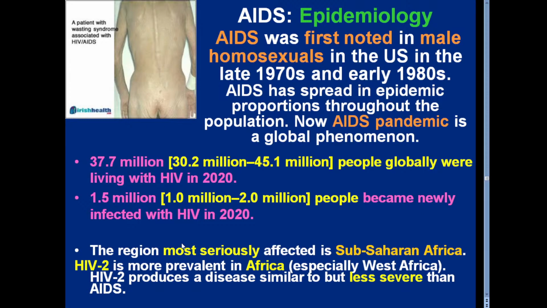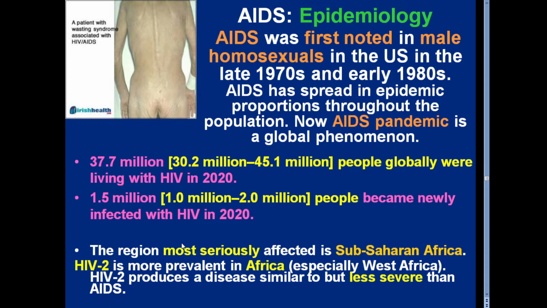AIDS was first known in male homosexuals in the US in the late 1970s and early 1980s. AIDS has spread in epidemic proportions through the population. Now the AIDS pandemic is a global phenomenon.